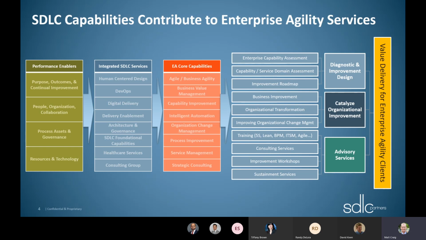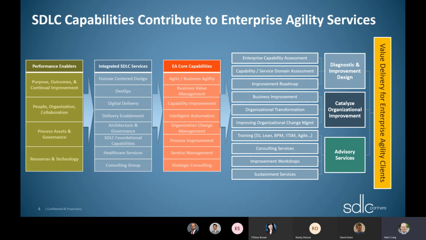The next thing we're looking at is a bit busy, but it's a view of the services that we offer. We're going to go right to left on this. With the clients on the right side of a value stream, we look at 3 major families of service offering from Enterprise Agility. The first is diagnostic or assessment services. These service names are just examples.